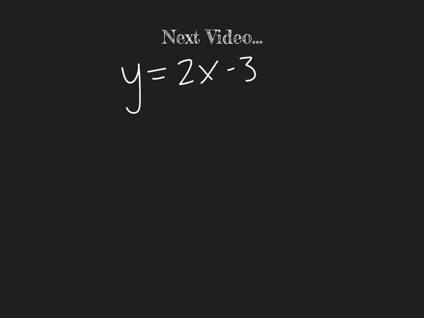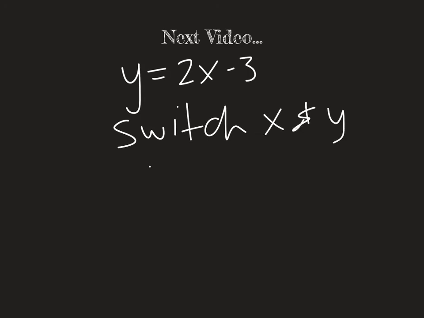Well, I'll give you a small preview here: it really comes down to this here being the mirror. The equal symbol becomes the mirror. So if we think of this as a mirror, the y becomes the x, and the x becomes the y. So our very first step is going to switch x and y. So now our function turns into x equals 2y minus 3.